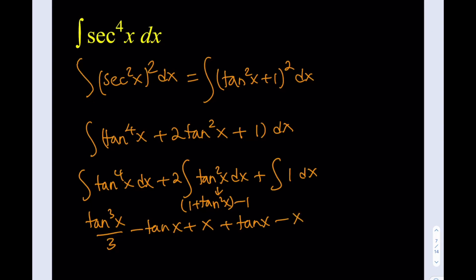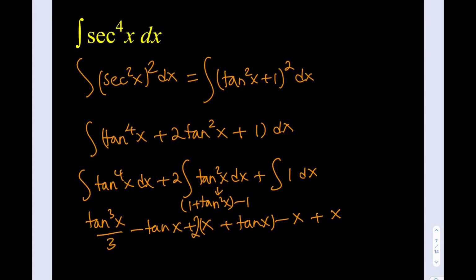If you integrate this, you'll get tangent squared. Why? Because if you differentiate it, derivative of tangent x is secant squared minus 1, which is equal to tangent squared. So it checks. Cool. And this guy over here is going to be x. Okay, interesting. But one thing we forgot to do is there's a 2 in front of this.